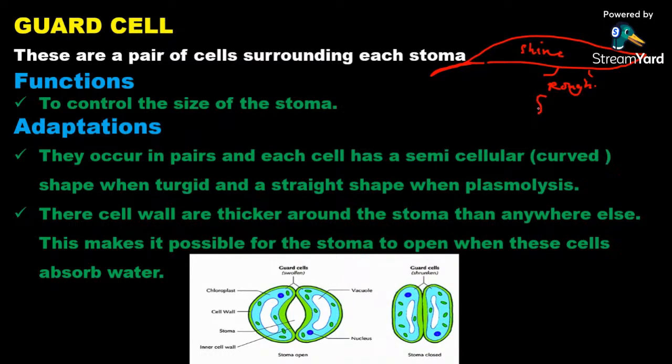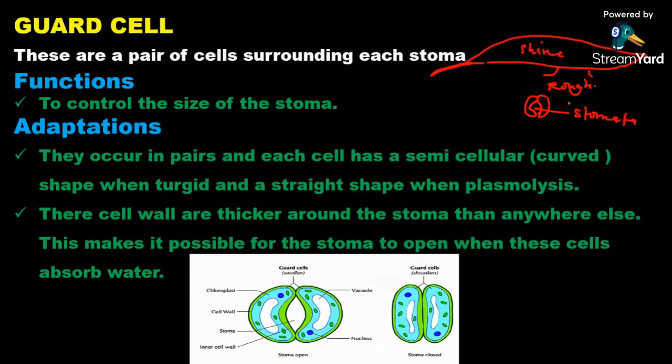So guard cells, you find them there. Here I'll put them in the turgid form, when they are turgid. All that will be explained as we start looking at photosynthesis and transport in plants. This opening is called the stoma or stomata.